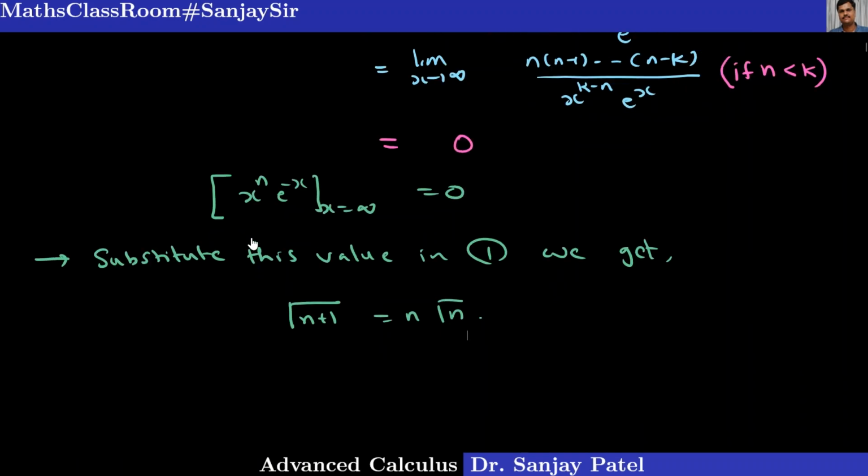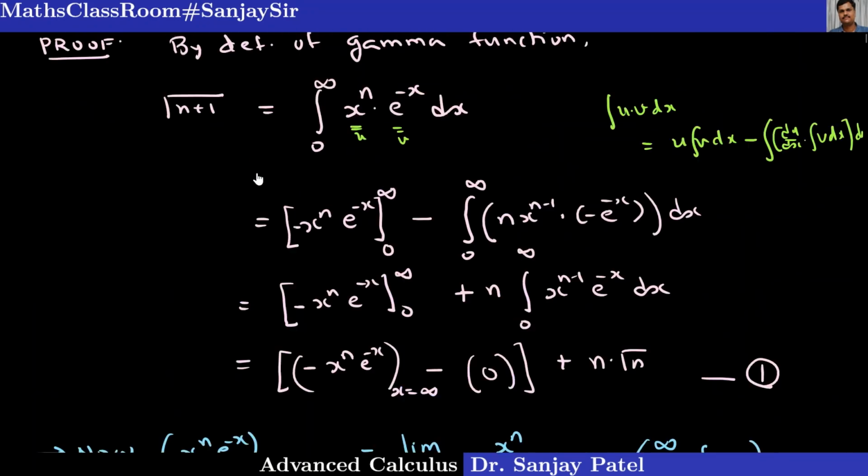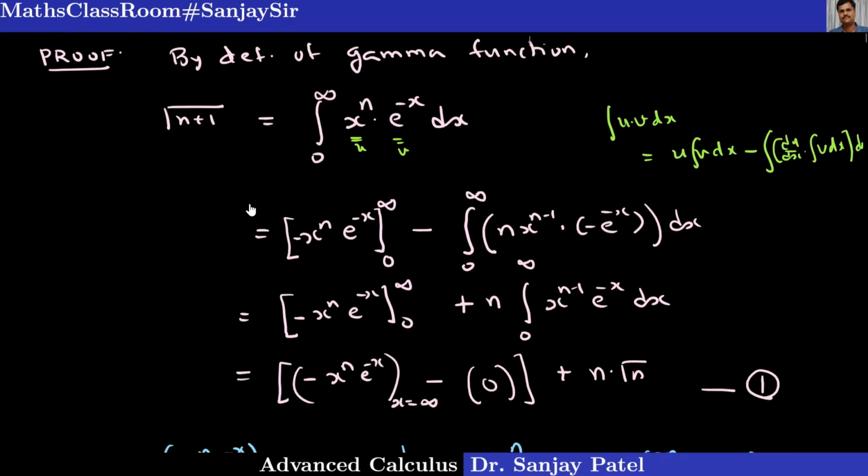As a consequence of this result, we can derive another interesting and very useful property of the gamma function. Here in this case, n is any positive real number. But if n is a natural number in this result, something interesting happens.